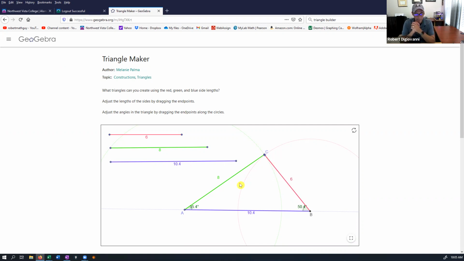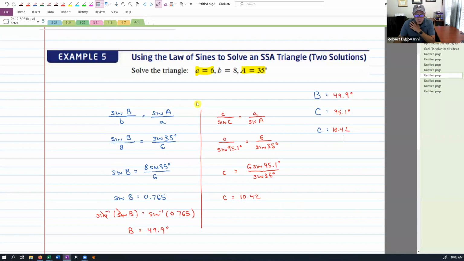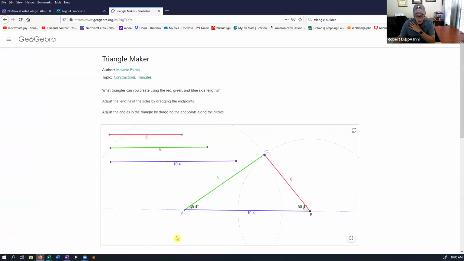Yeah, okay. Now, in looking at the problem that was given to us, we were given a, b, and the angle that was 35 degrees. That's the angle that goes with a, right? 35. So we were given a, we were given this side, right? That's a. We were given b, which is this side, and we were given this angle right here, right? 35.